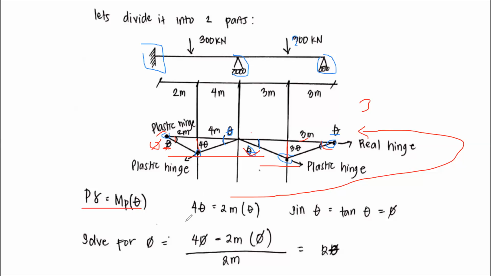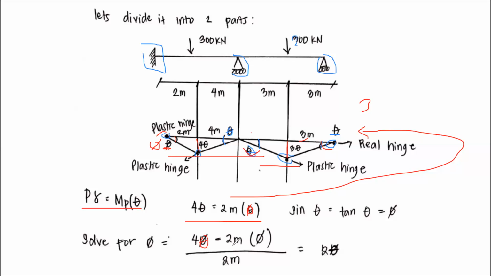Then to solve for phi, kakamap tayo dun sa equation na to. For theta is equal to 2 meter times phi. Then sa trigonometry natin, para makuha natin yung value ng phi, is equal to 4 theta.